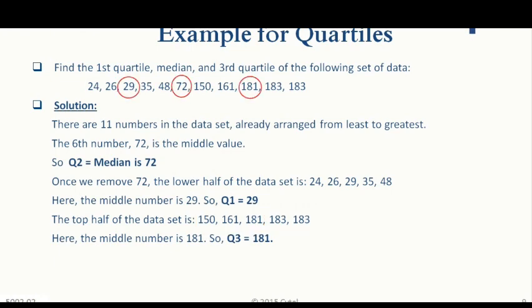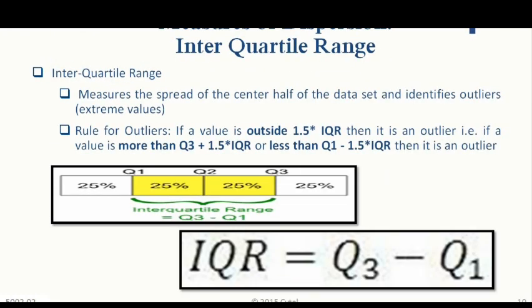So 29, 72 and 181 are respectively quartile 1, quartile 2 and quartile 3. Obviously, the second quartile and the median coincide with each other. That was a very simple data set. One can look at big data also. We will go to an Excel sheet and see how we compute the quartiles and what they actually mean.